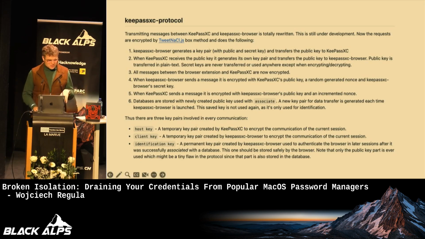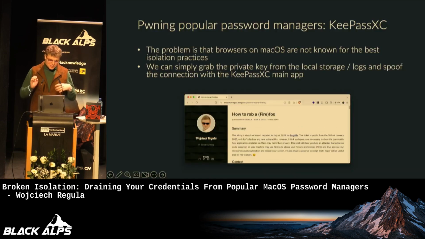I'm not going to bore you with that, but the problem is that macOS browsers are not really known for best isolation practices, as you can see regarding Firefox I told you about, but Chrome and other browsers have similar problems. So even though KeePassXC may be secure when written, if it allows a browser plugin which communicates with the main app, the threat model is hurt.